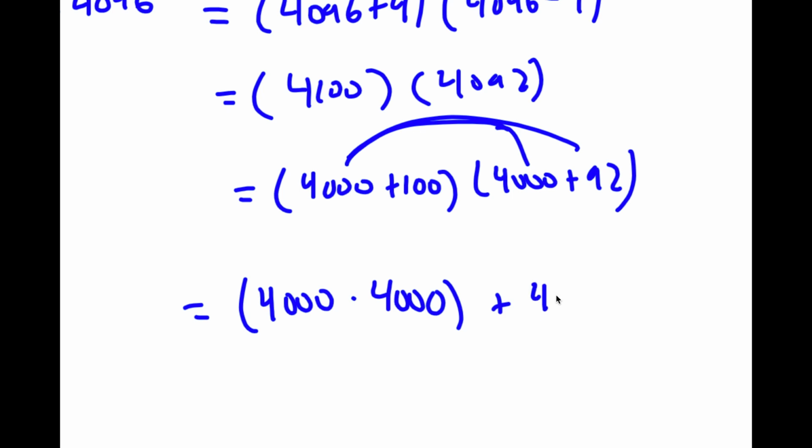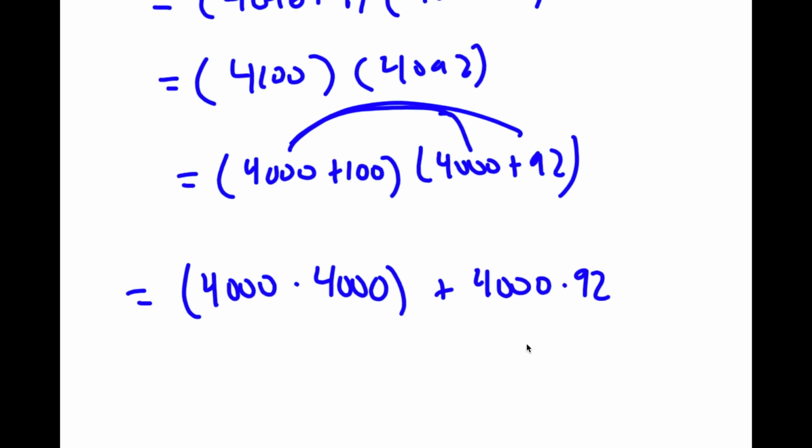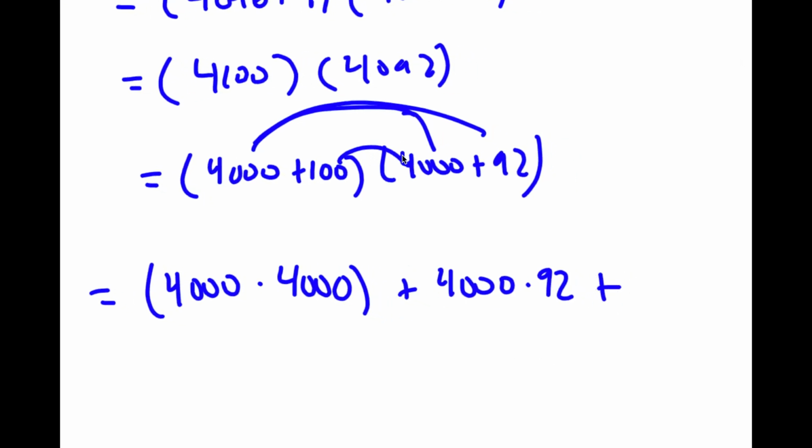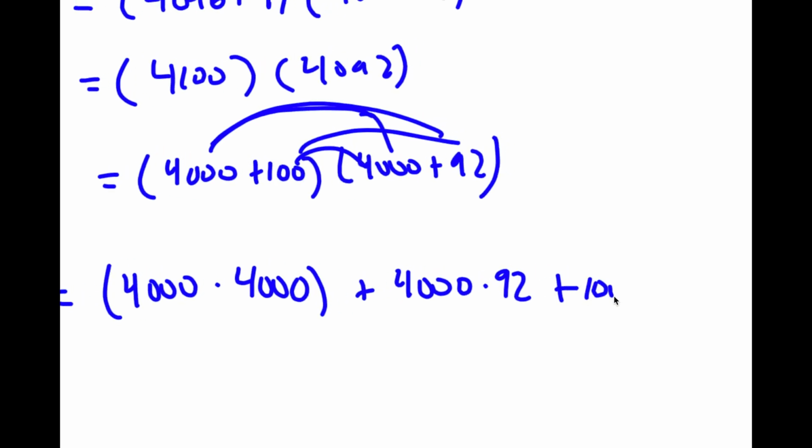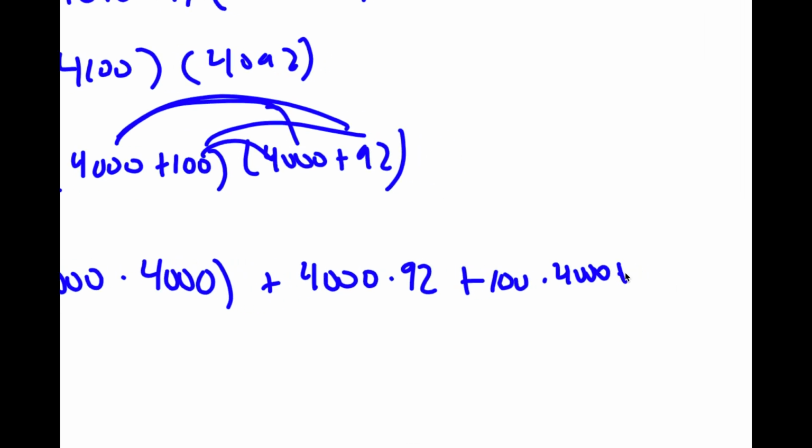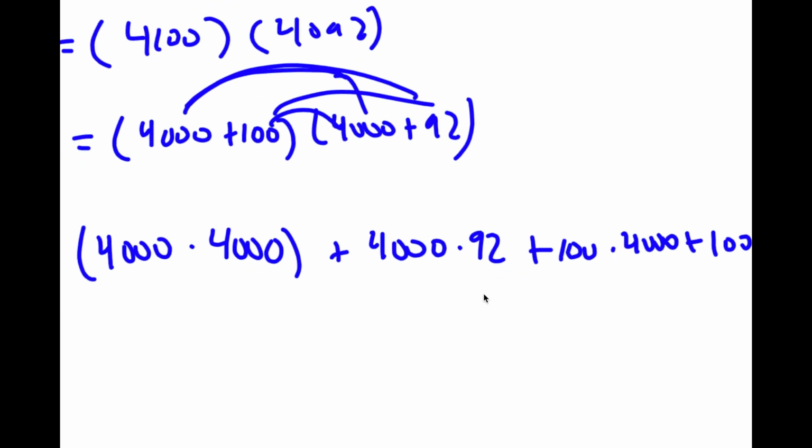plus 4000 times 92 plus, now if I distribute the 100, 100 times 4000 plus 100 times 92.